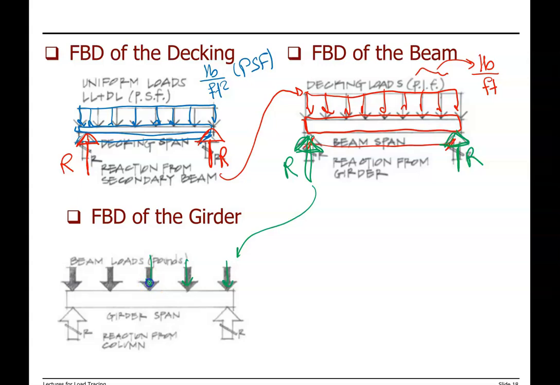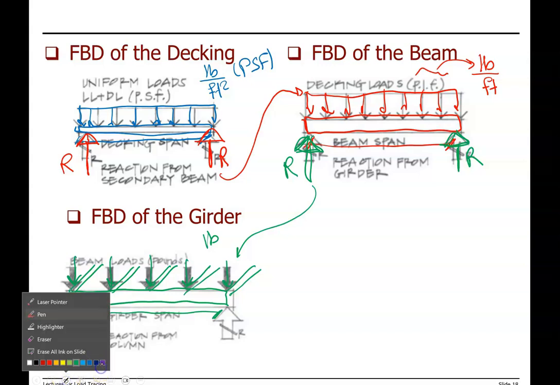And now we have point loads, which are in pounds. At each point where a beam is connected to the girder, we will have a point load. So now this is our girder. This is the girder span.